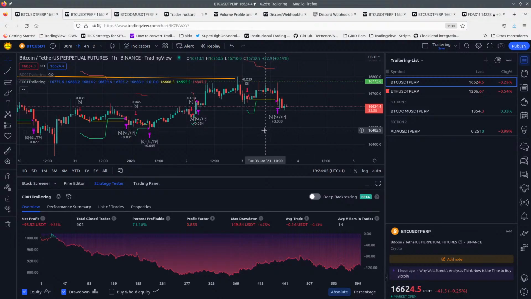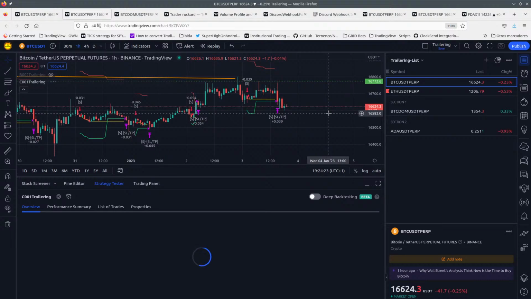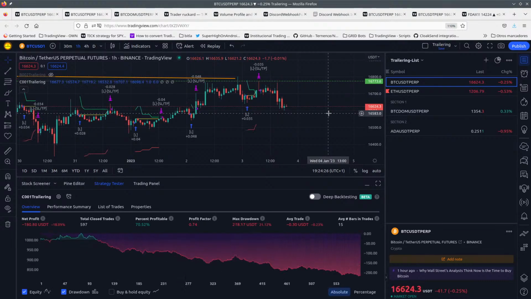That's interesting. I mean, we were going to be here, but then price went in the opposite direction. So I guess this is maybe something that's going to happen.